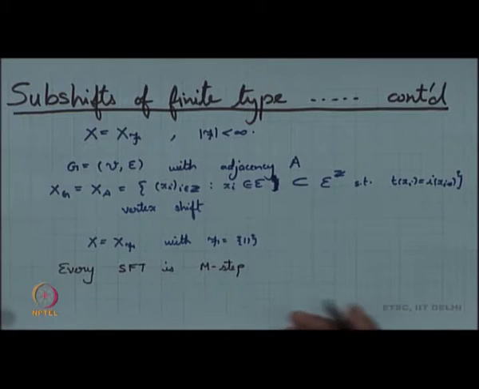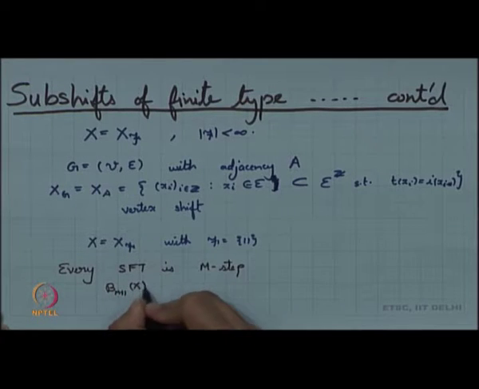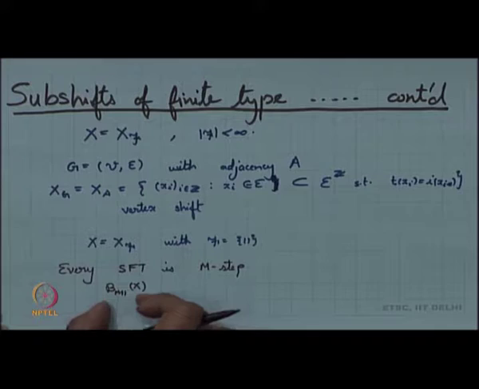There is some m for which it is an m-step subshift of finite type, and for this subshift of finite type, you consider B_{m+1}(X), which is basically the set of all admissible blocks of X, and then you look into this as your edge shift.